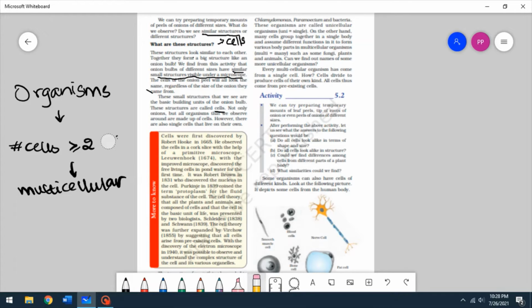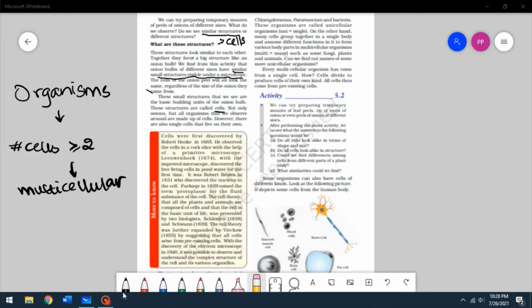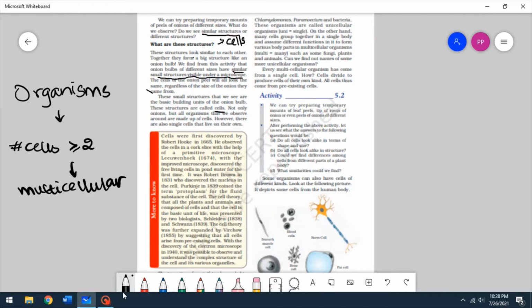You still have to do all the sciences and math. So I'm just bringing in that math touch. Alright, so they are called multicellular organisms. And those that have the number of cells equal to 1, they're called unicellular organisms.